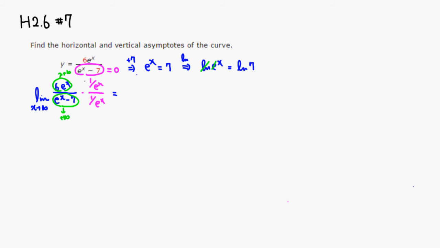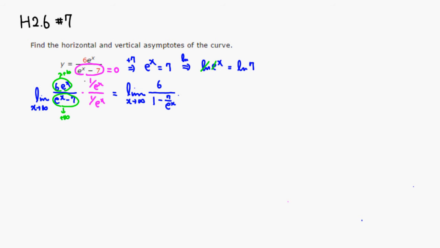Then you see that we still have a limit. Don't stop writing limit if you haven't evaluated a limit. So you have a 6 on top, e^x divided by e^x is 1, and negative 7 over e^x.